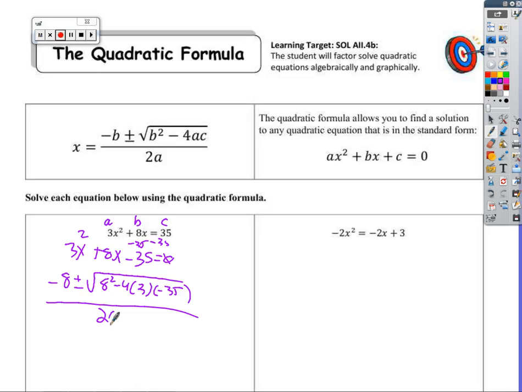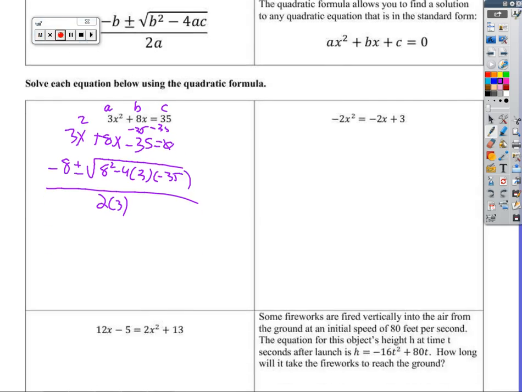all over 2 times 3. Now, as far as showing work, I would expect that you're going to probably use your calculator quite a bit here. So in showing work, this is enough right here. Once I see that you've got it correctly substituted in, I kind of expect you to use the calculator at this point.